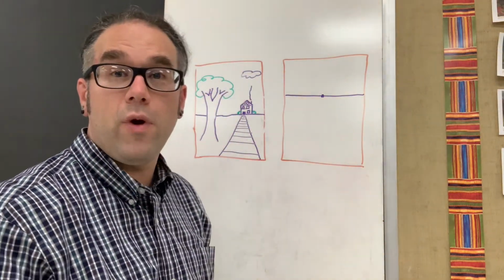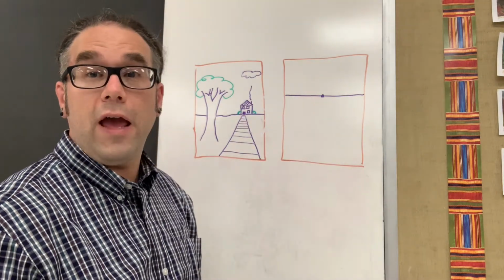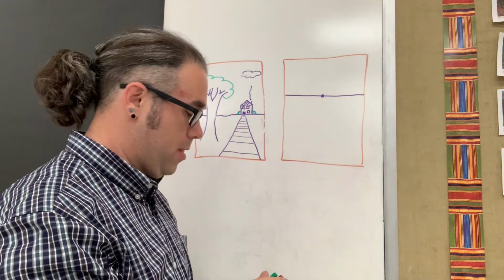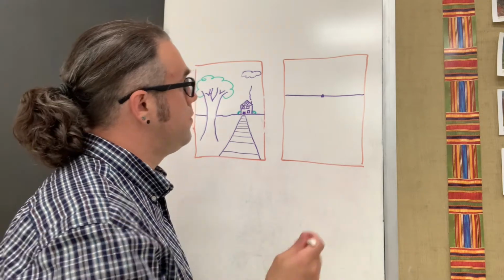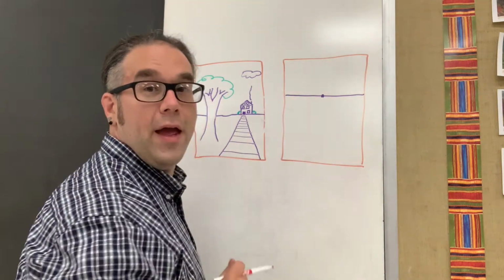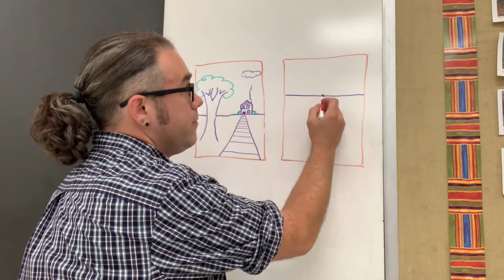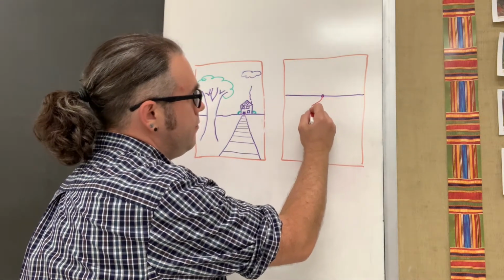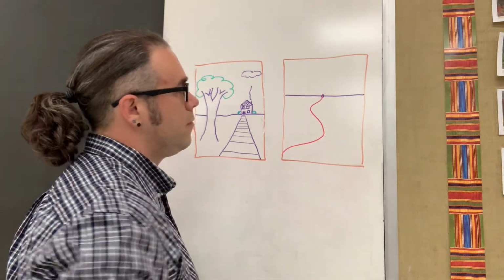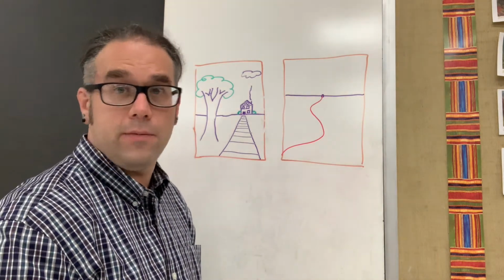So again, starting with our vanishing point here, I'm gonna make a winding river to start out. Okay, that's one half of it.